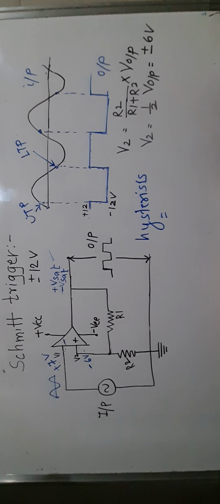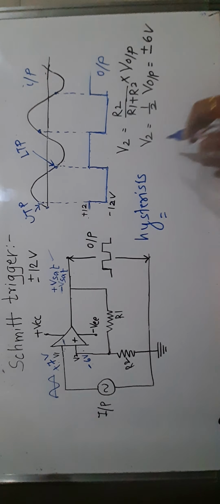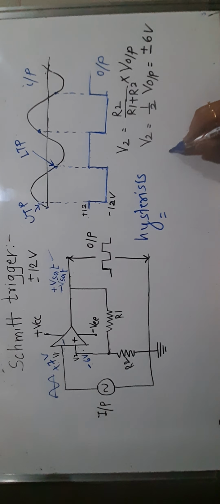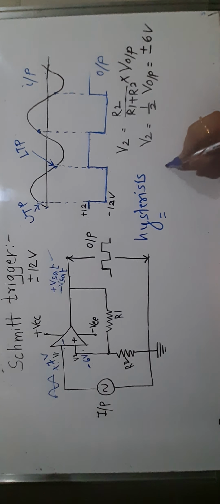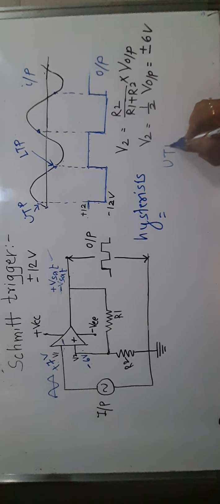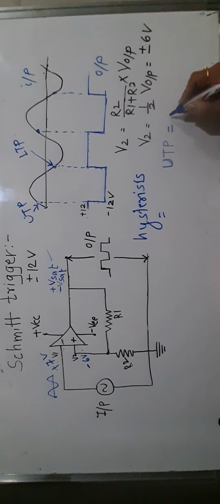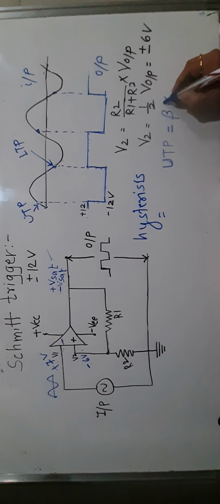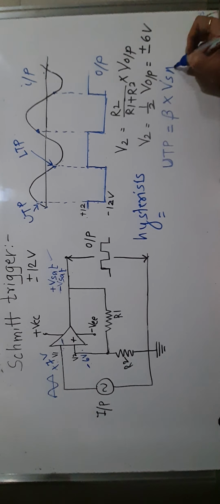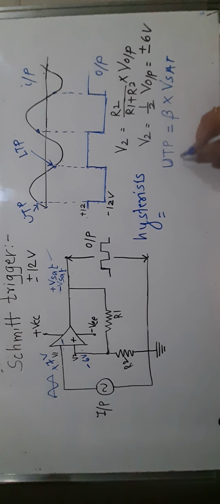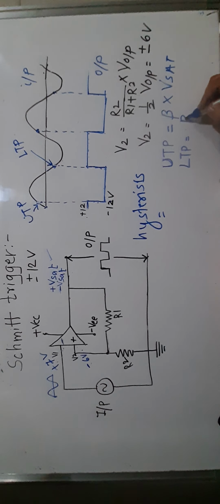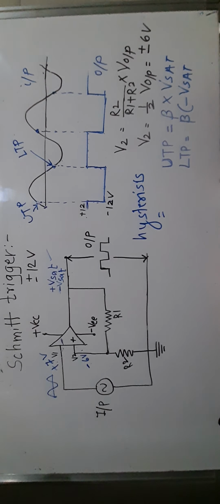Okay, now let's see the formulas. UTP equal to beta into Vsat, and LTP equal to beta into minus of Vsat.